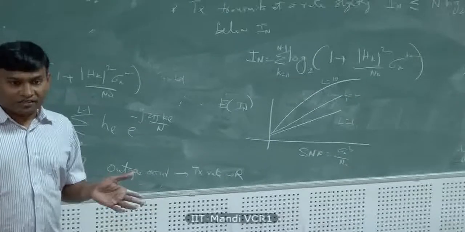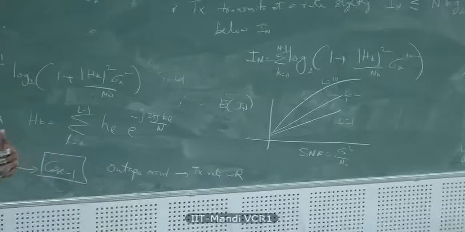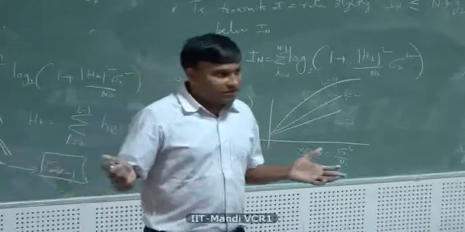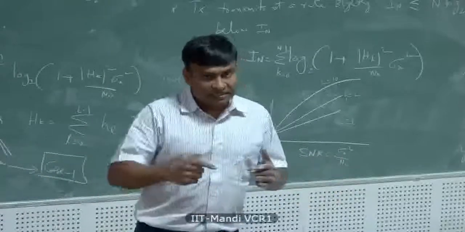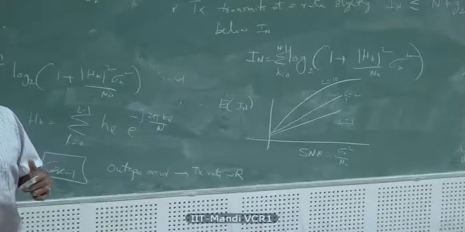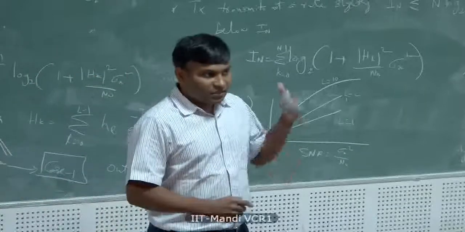The first generation of cellular standards like GSM and TDMA didn't have feedback from the receiver. They agree on a given modulation and code rate and hope that it goes through. But in the second generation of cellular standards like 2.5G, GPRS and EDGE, they introduced feedback from the receiver to the transmitter.